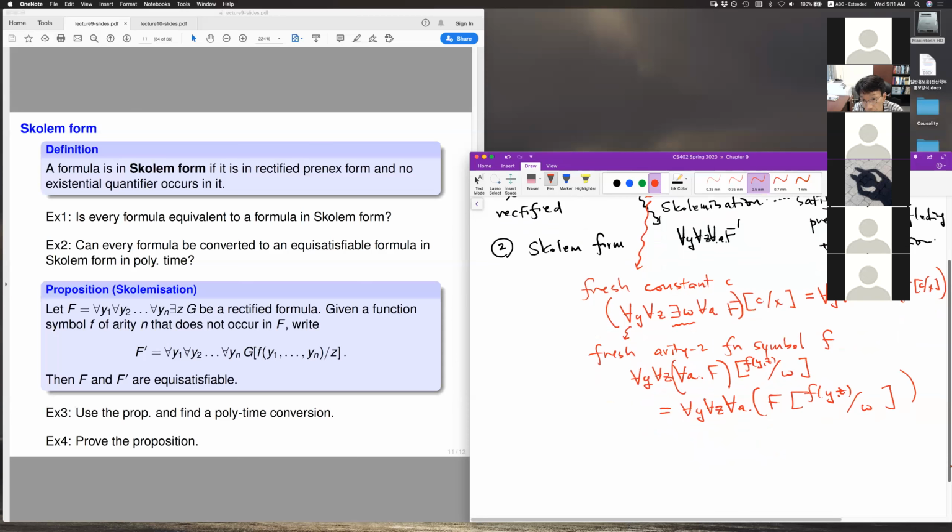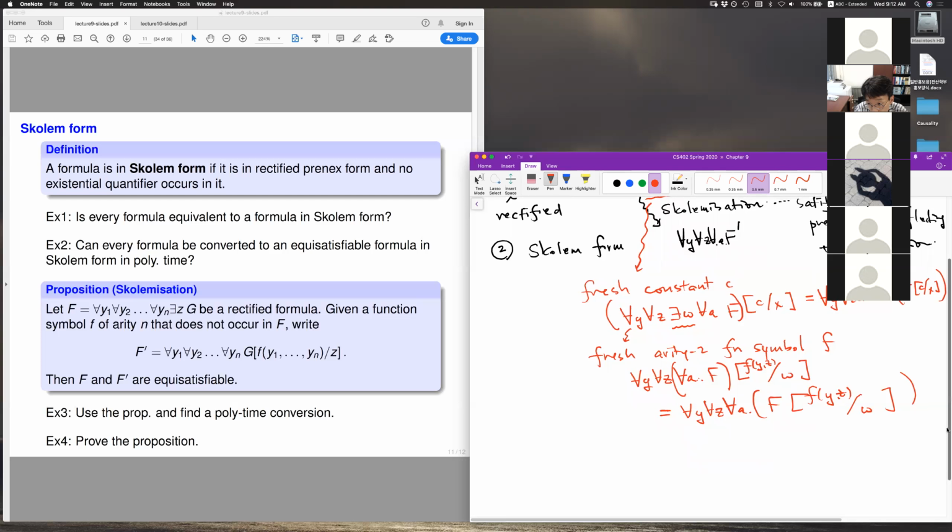So the proposition tells us how we can convert the original formula into a Skolem formula while preserving and reflecting satisfiability. The proposition ensures that introducing fresh constants gives an equisatisfiable formula with the original one. After this change by the new function symbol f, we again have an equisatisfiable formula. So the proposition is the key to Skolemization.